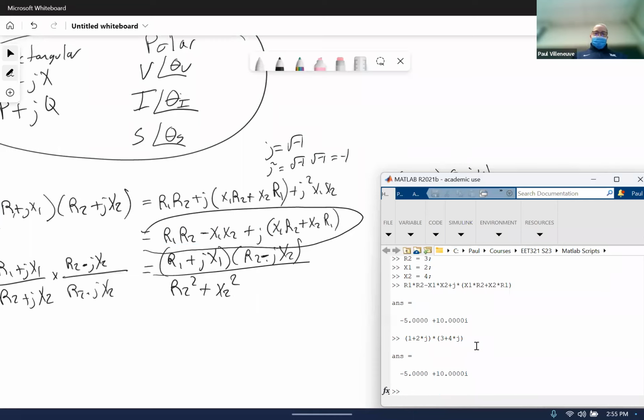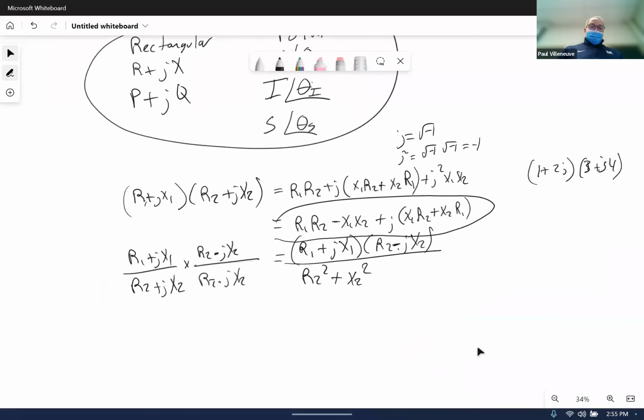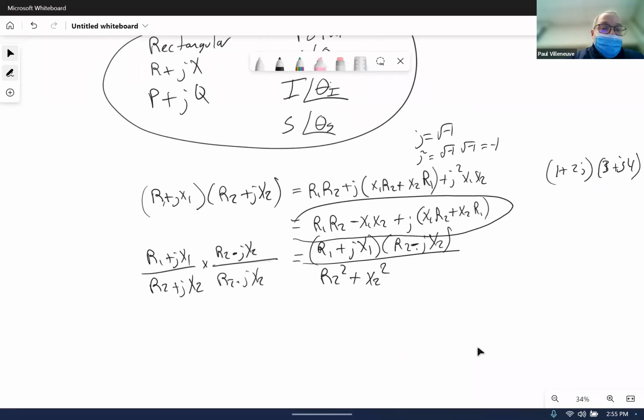The first thing I want to do is convert these numbers to magnitudes and angles, right? So this over here is the square root of R1 squared plus X1 squared, and the angle is the inverse tangent of X1 over R1.